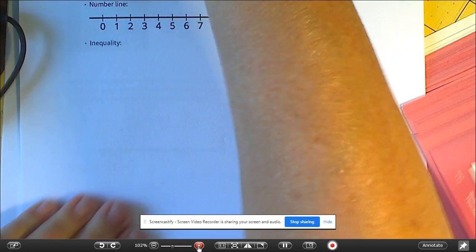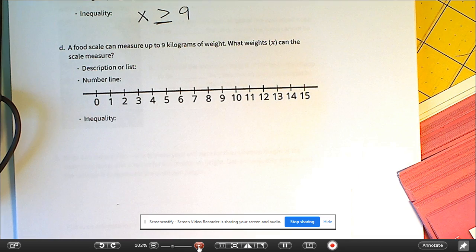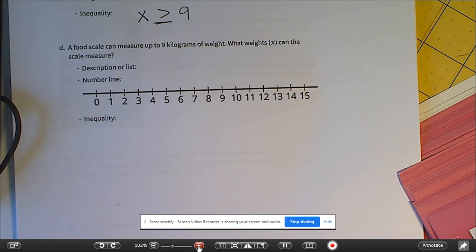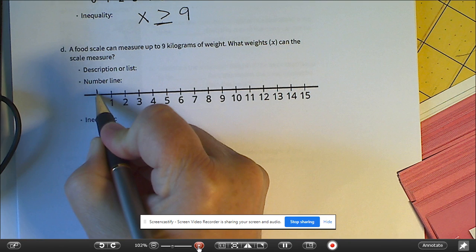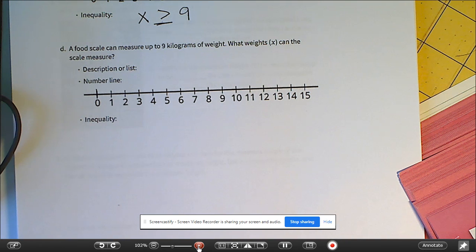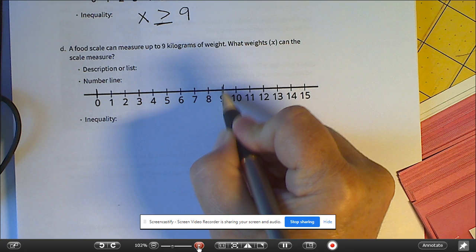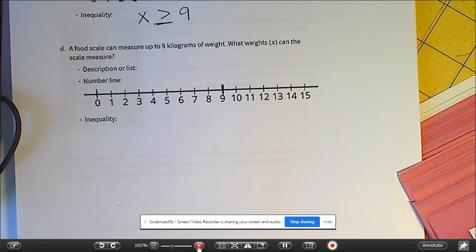Okay, D says, a food scale can measure up to 9 grams of weight. What weights X can the scale measure? So it's not going to be negative, but it can be anywhere from 0 to 9, right?